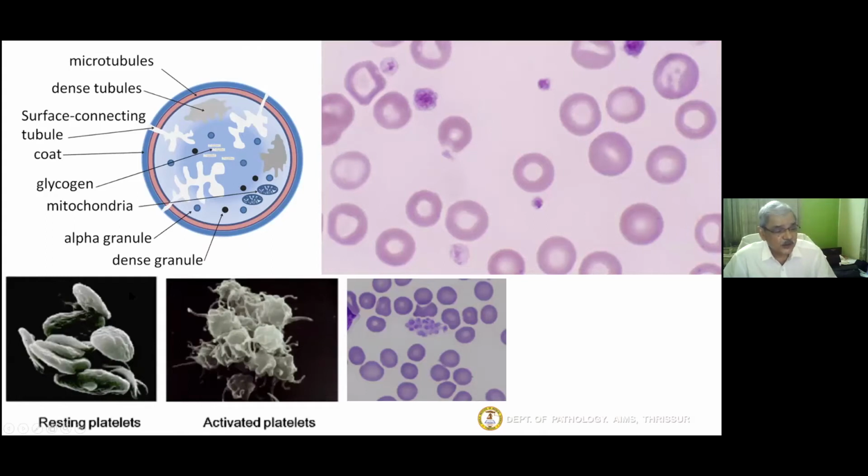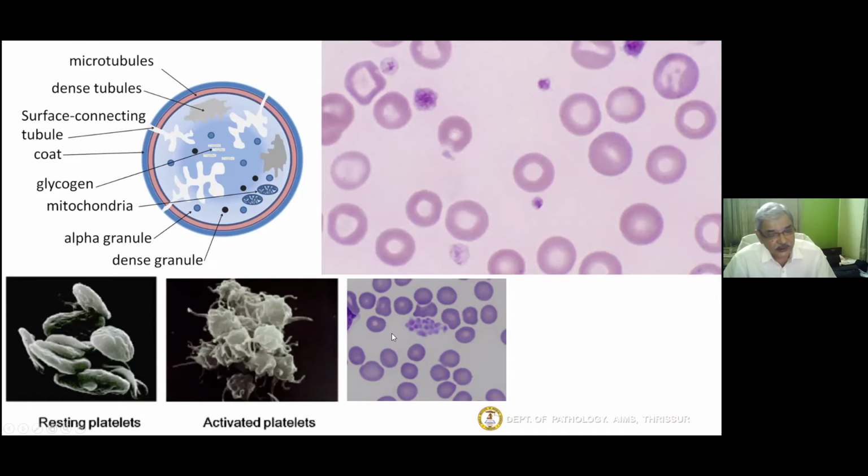Now, an unstimulated platelet, resting platelet, would be fairly round in shape, while on the other hand, an activated platelet would have lots of thin pseudopodia coming out. And this is important in actually attaching itself to the subendothelium and also to each other.